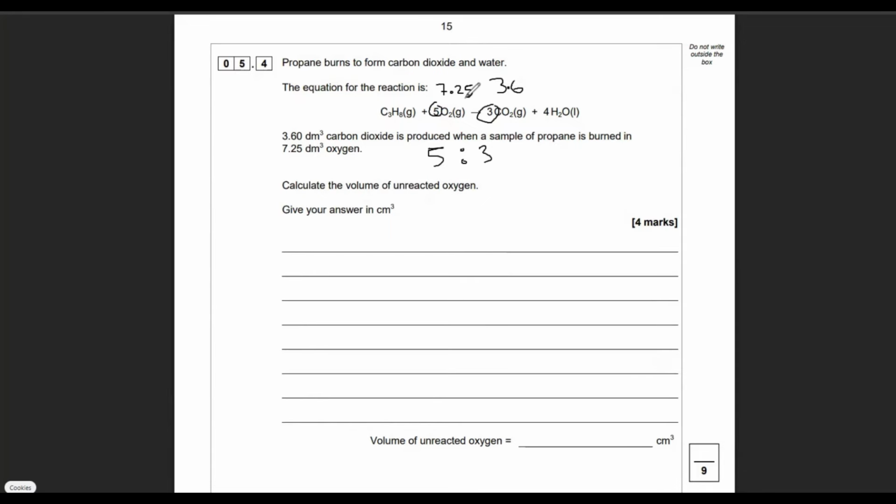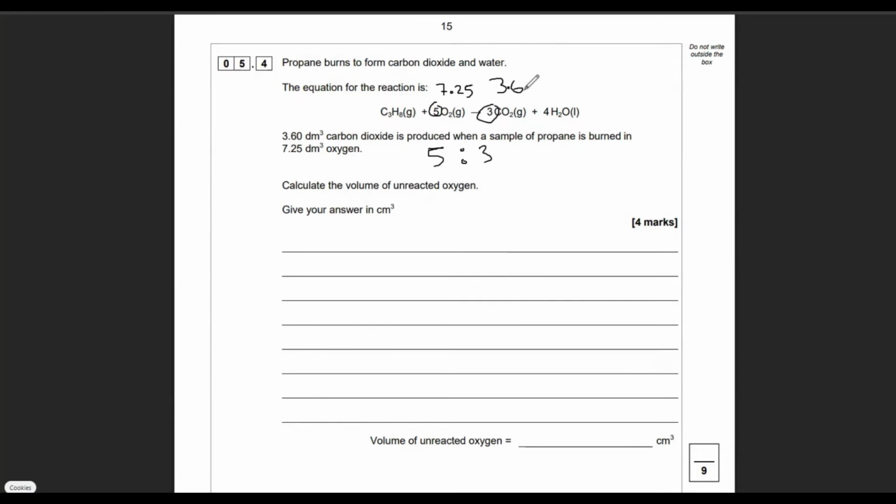So if I had 7.25 of oxygen, when you're using the ratio, you divide by the first number and times by the second in the direction we're going. So we're going from here to here. Sometimes they ask questions where we're going back that way. So if I'm going from here to here, I'd divide by 5 equals that, times by 3 equals that. I should have made 4.35 of carbon dioxide, but we didn't.